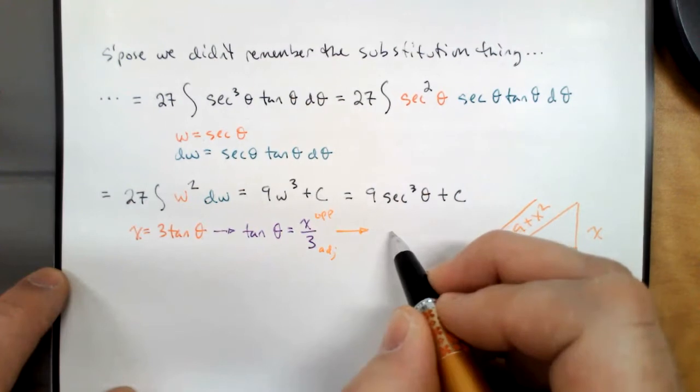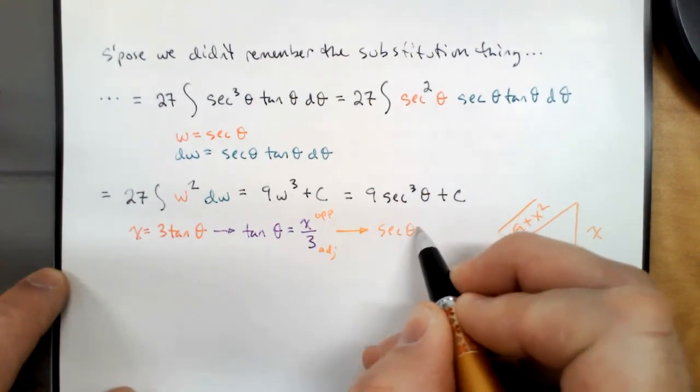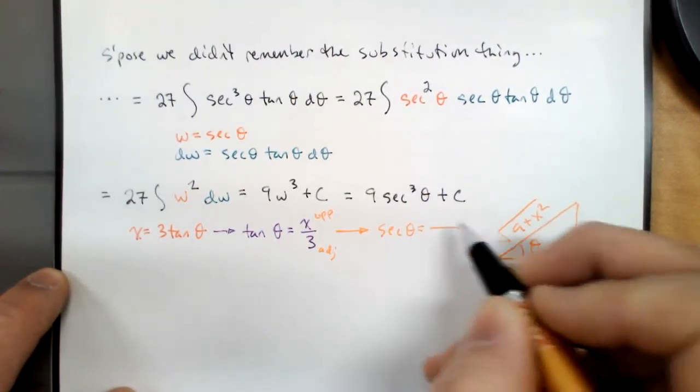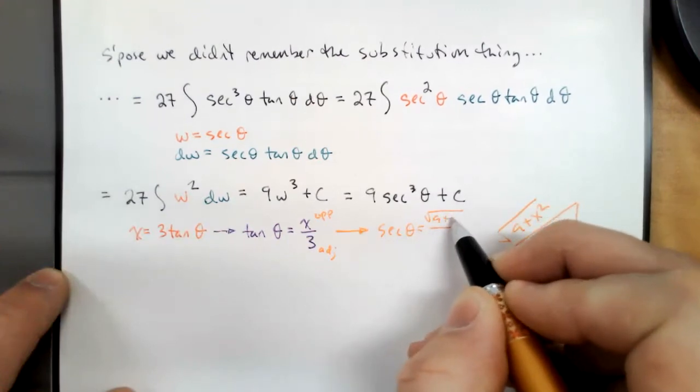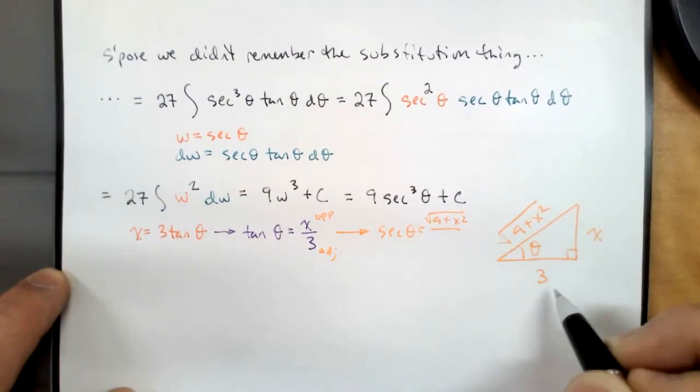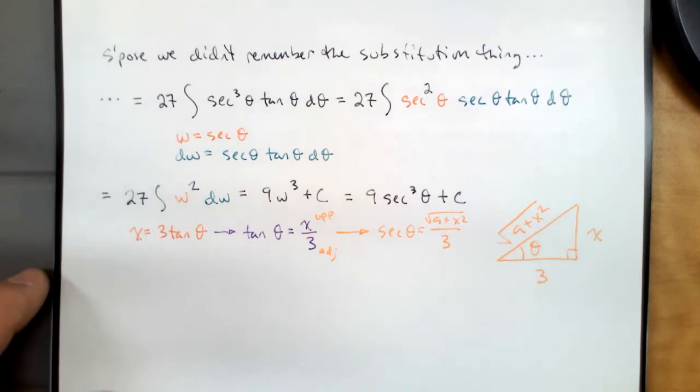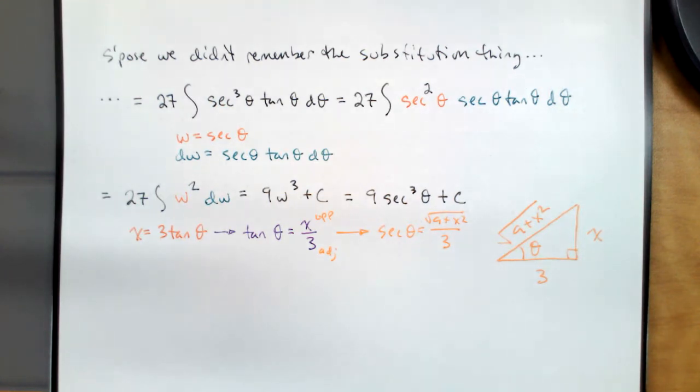So the secant of theta is hypotenuse over adjacent. That's what we need to replace in our theta antiderivative.